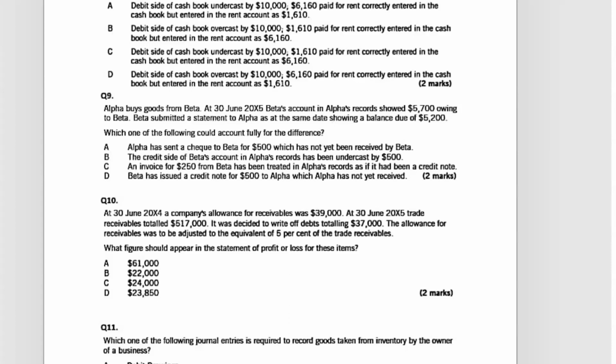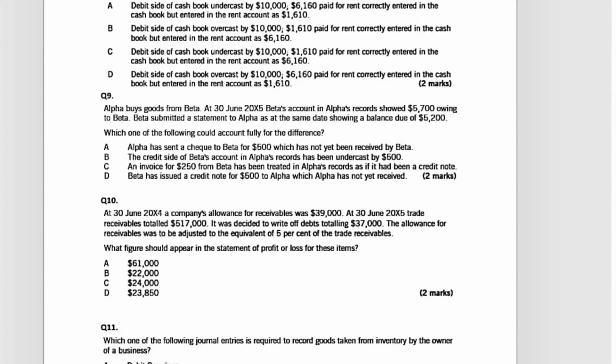Okay, interesting. What about others? What about D? If you look at D, it says Alpha buys goods from Beta. At 30 June, Beta's account in Alpha's record showed 5,700 owing to Beta.